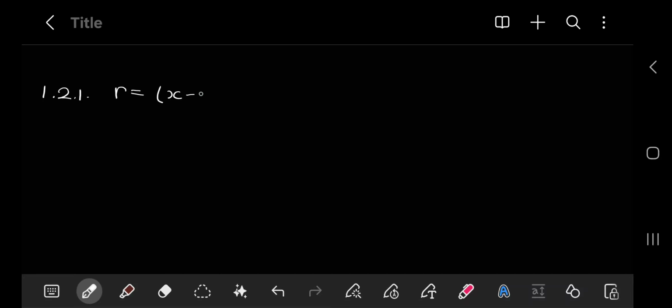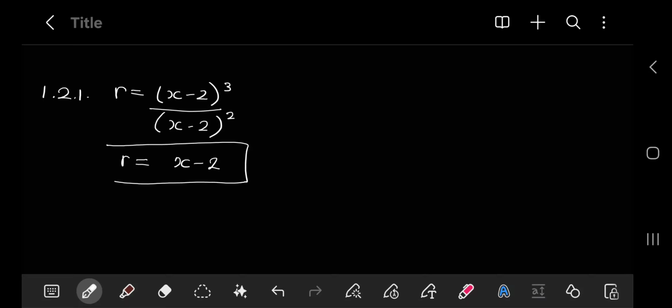That would be x minus 2 all cubed over x minus 2 all squared. And using laws of exponents, we can see that 3 minus 2 is going to give us 1. So r would just be x minus 2 all raised to the power 1. But because it's an exponent of 1, we can just leave it out. So that is r.